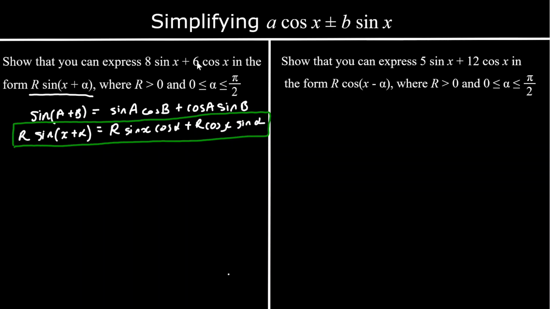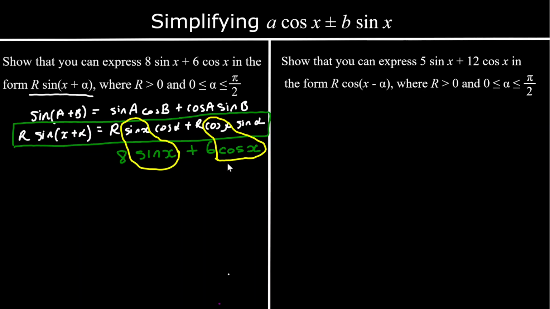And then we need to look at what we actually have, which is 8 sine x plus 6 cos x. So now we can compare these two lines. There's a sine x here and a cos x here.